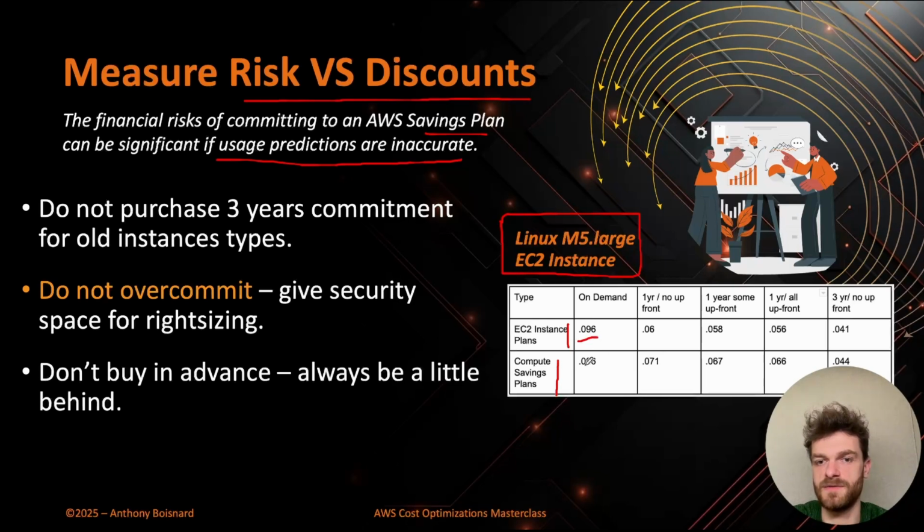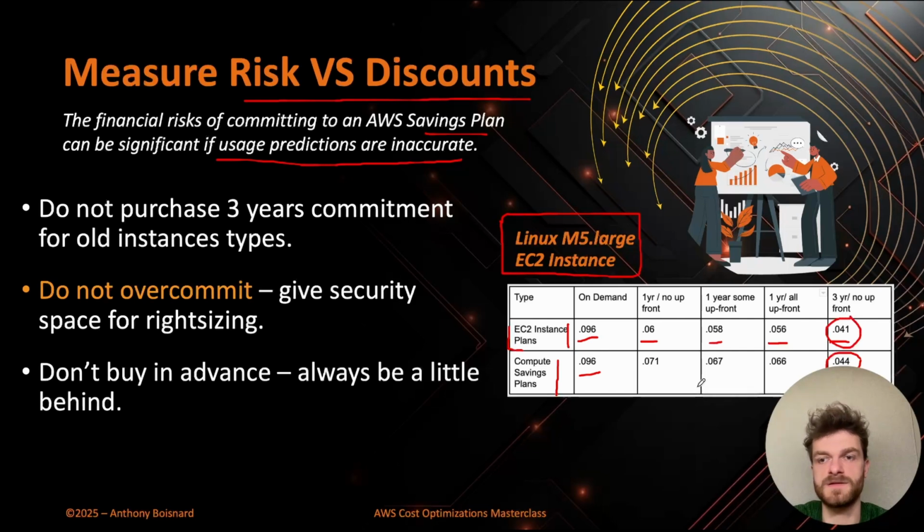This is the on-demand hourly price, and this is for 1 year no upfront, 1 year with some upfront, 1 year with all upfront, and finally 3 years with no upfront here. So you can see that each time, EC2 savings plans get a better discount. This one you will pay more than this one.